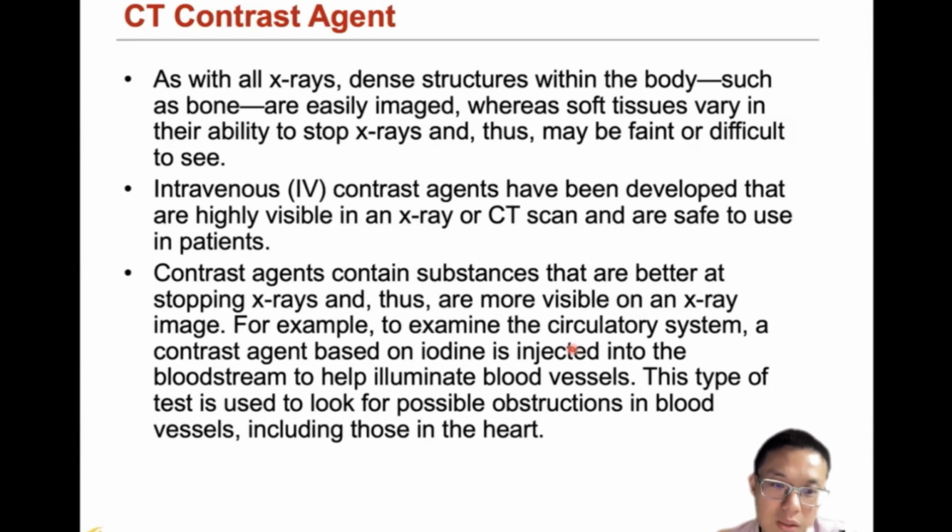A clot, maybe, including those in the heart. Other than injection, contrast can also be taken orally, right? So we can drink some of the contrast agent so that it can also enhance the visibility on the CT scan.